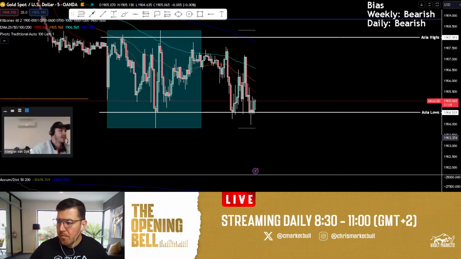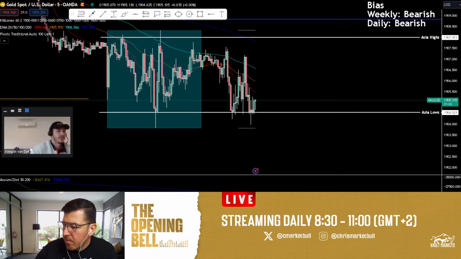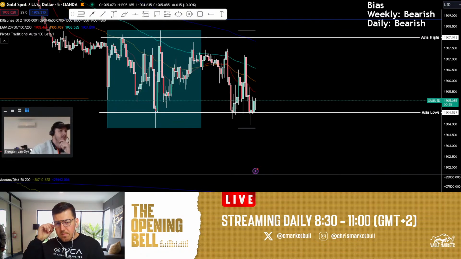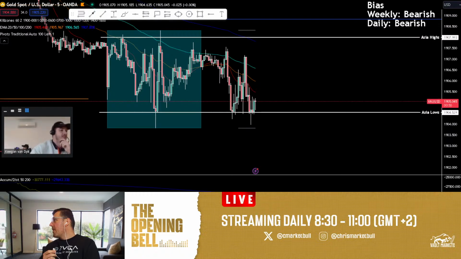Depending if it goes long, we might get a bit of a dirty retest. Otherwise, I'll probably only start looking at going long when we can close above the Asia highs, or if we can get another retest of the Asia lows and it's been respected nicely, then I'll possibly look at it.